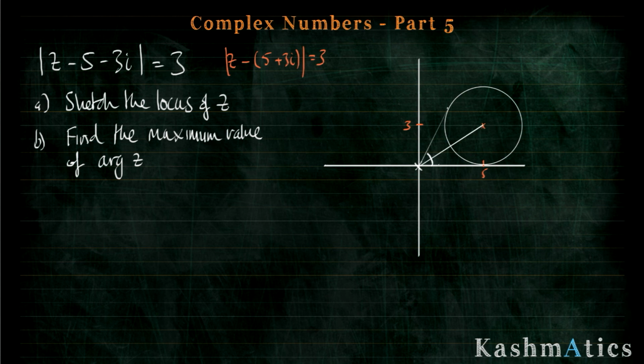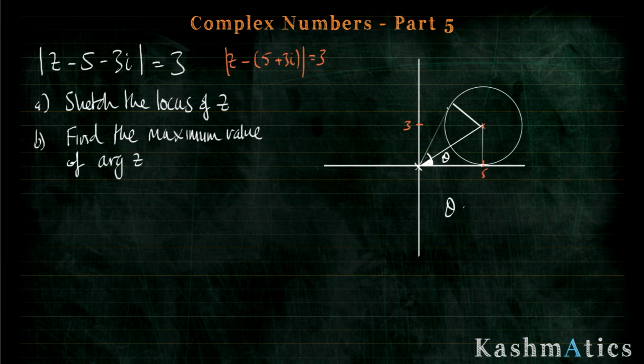If I draw a line to there, and then draw a line there and there, I can use one of those circle theorems that we looked at earlier. If I work out this angle here and double it, I'd get my argument. The reason I can double it is because this white angle is the same as this one over here. So let's say this is theta.